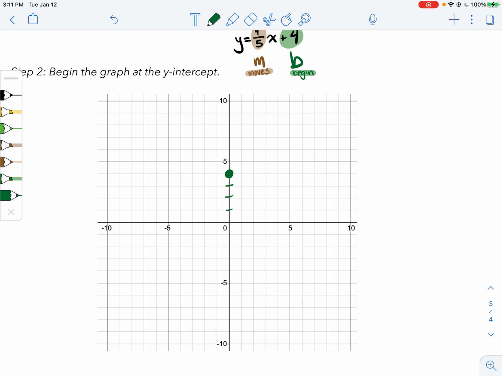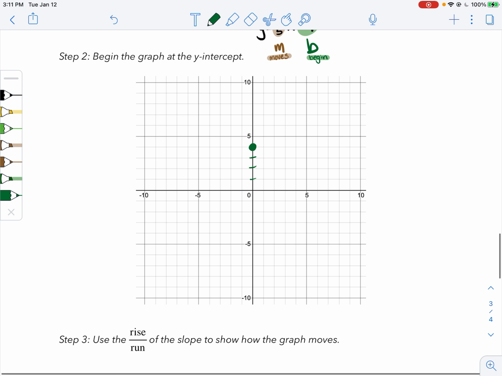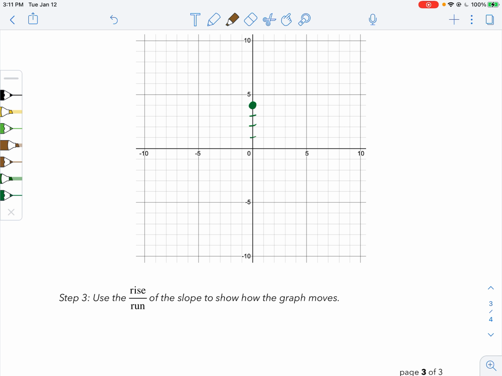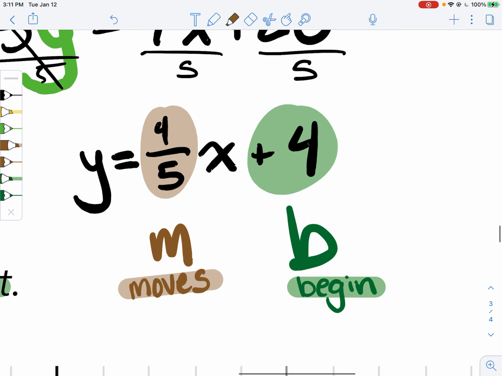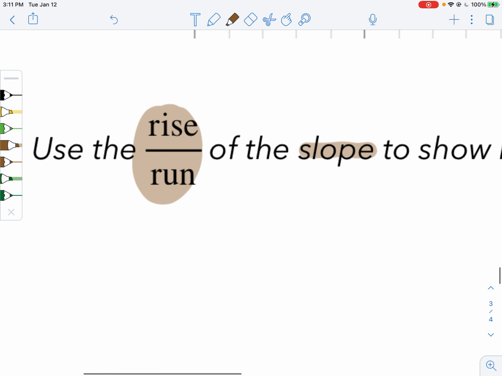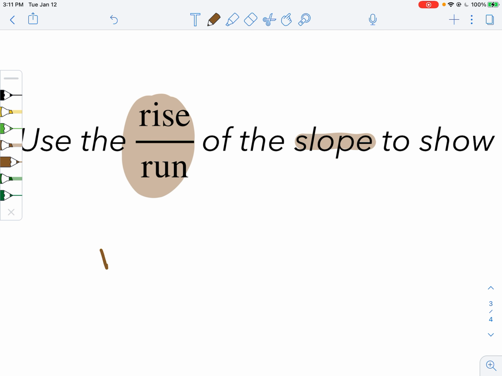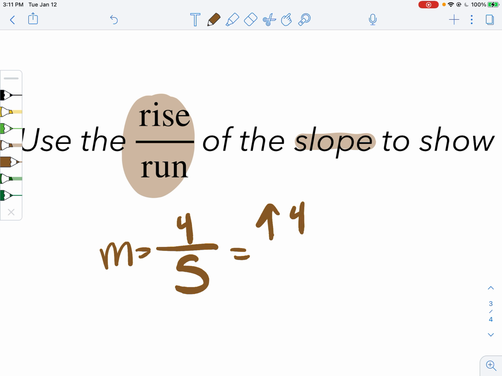That's our y-intercept. So we began at the y-intercept, which is b. And then we'll use rise over run of slope to show how the graph moves, m. Remember, our slope is 4/5. So I'm going to rewrite that down here by our rise over run. If our slope m equals 4/5, that means it rises 4, we go up 4, over 5.